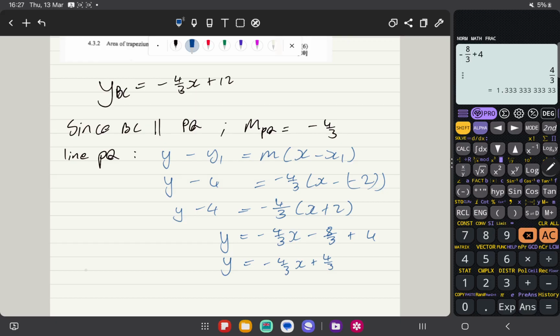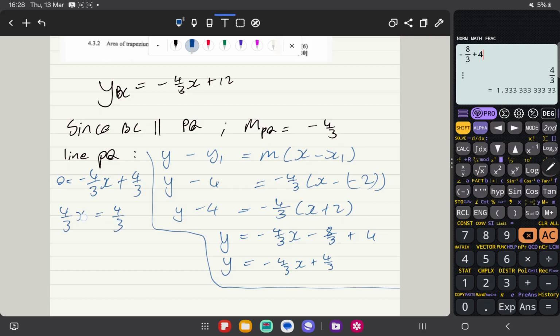If I do that, I have 0 is equal to minus 4 over 3 x plus 4 over 3. I transpose. I have 4 over 3 x equals 4 over 3.